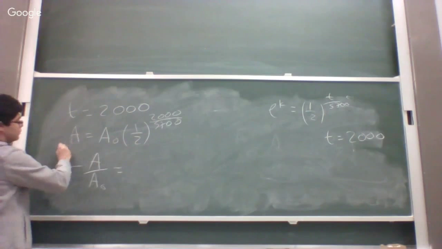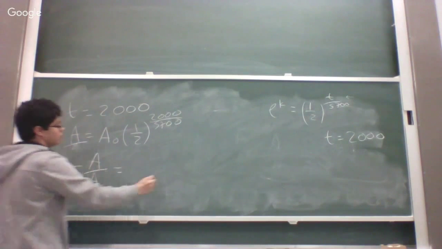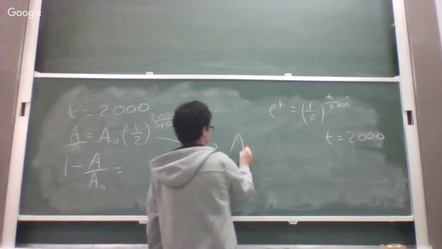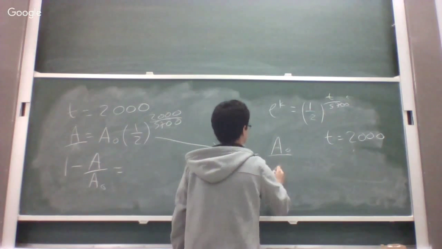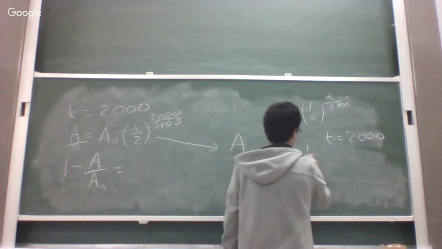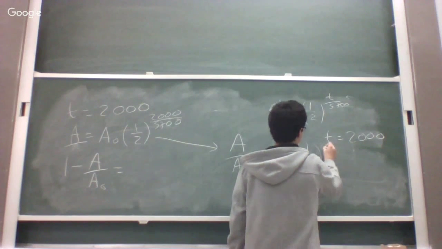If we divide both sides, A over A0 is equal to A0 divided by A0 times 1/2 to the 20 over 57.